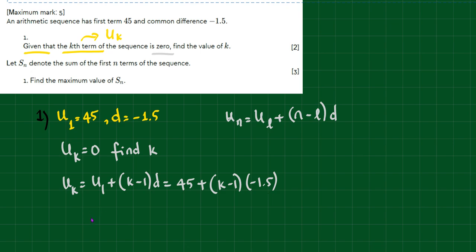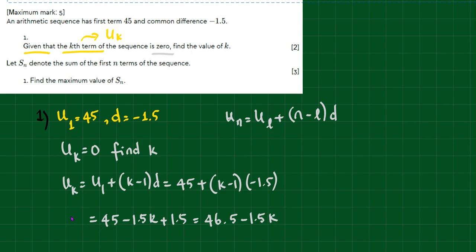Then we get 45 minus 1.5k plus 1.5, and that's 46.5 minus 1.5k.